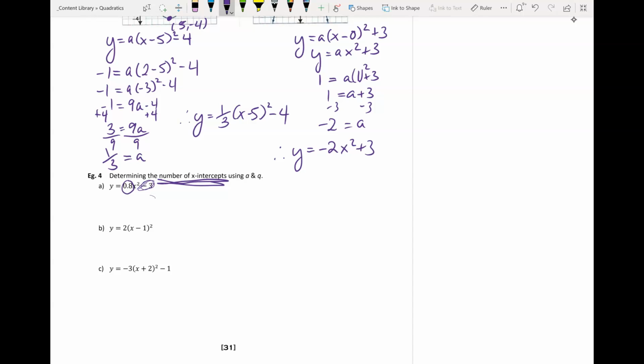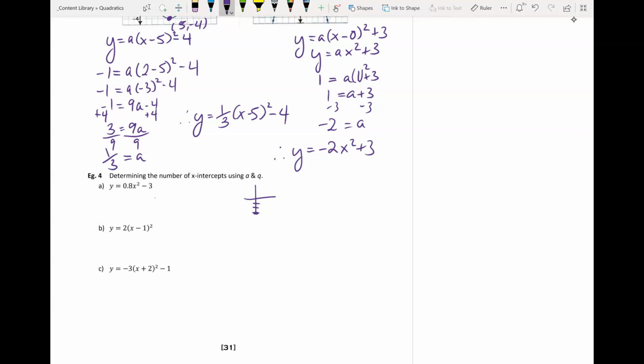So what you can do is just draw a really rough sketch of the graph and then determine it from there. For this one, we know that we have a minimum because we have a positive a. We also know that our vertex is going to be below the x-axis, so we're going down by 3. So our vertex can be anywhere along here.